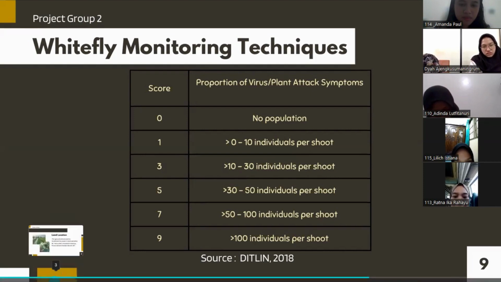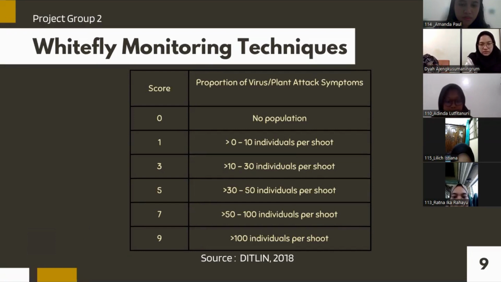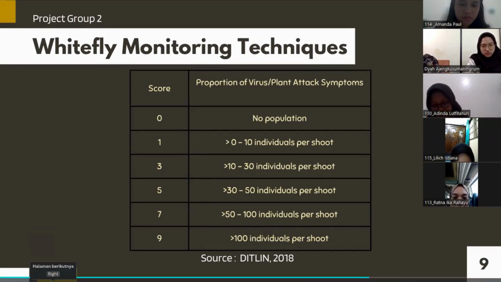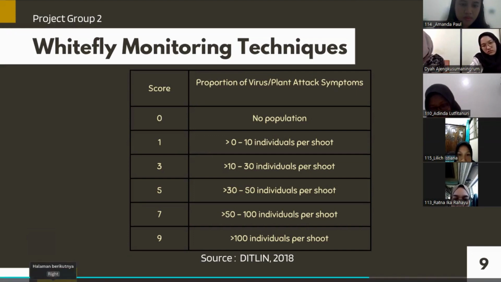And then 7 is 50 until 100 individuals per shoot, and then 9 is greater than 100 individuals per shoot.